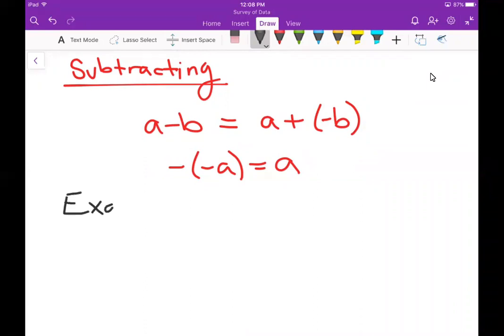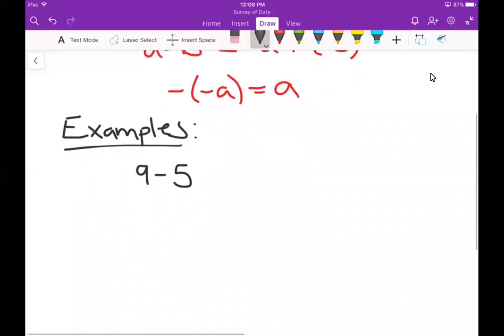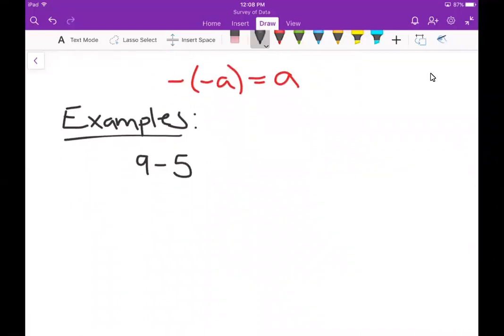The most simple example we can look at is subtracting two numbers that are both positive, where the larger one comes first and the smaller one comes second. That one should be something we can do in our heads. 9 minus 5 is just 4.